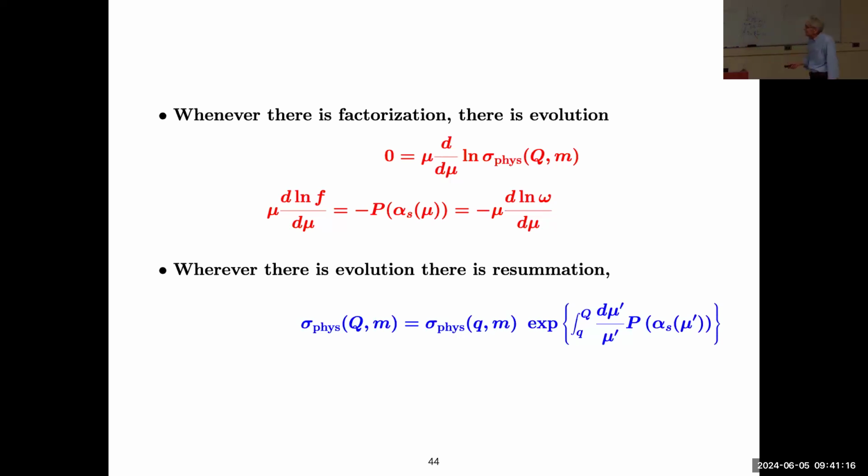And now this is actually beautiful, because if you know omega at first order in alpha s, all you have to do is take mu d by d mu, and you get this P of alpha s. And so this P is calculable by looking only at short distance quantities where you trust perturbation theory. But yet, that gives the mu dependence of the long distance theory itself.